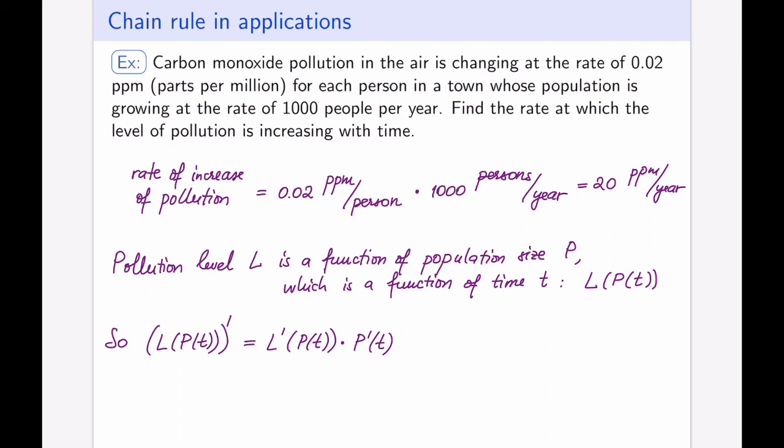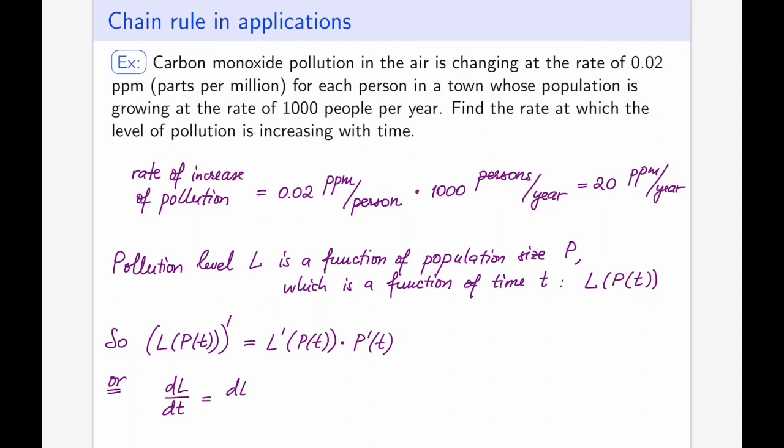The other way we can rewrite the exact same thing is using the Leibniz notation, dL by dt. Again, this would be much more useful in terms of units, and we're going to have to go through the levels of the function. So if I want to take the derivative of L with respect to the innermost t, I have to work my way there by going through P. So first, I can take a derivative of L with respect to P, which corresponds to this factor.